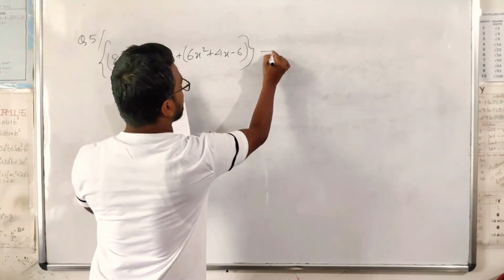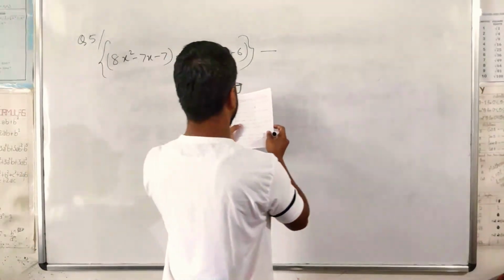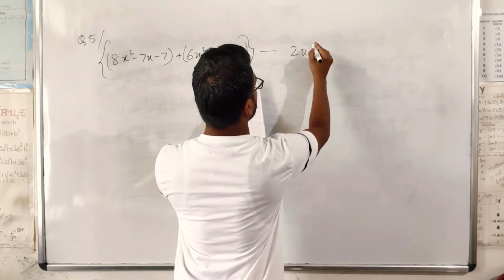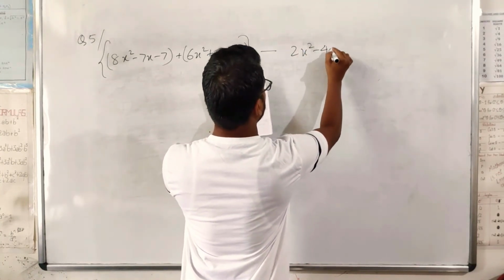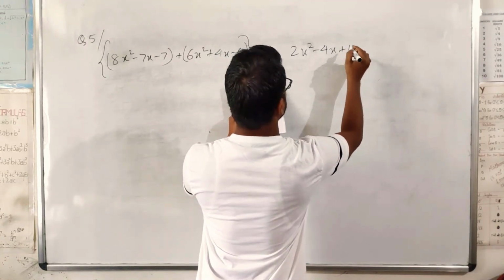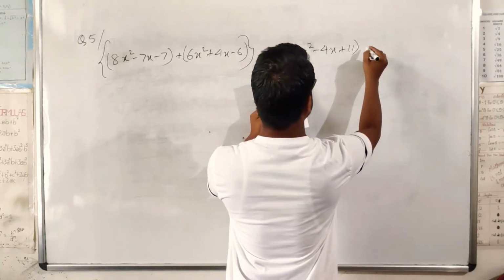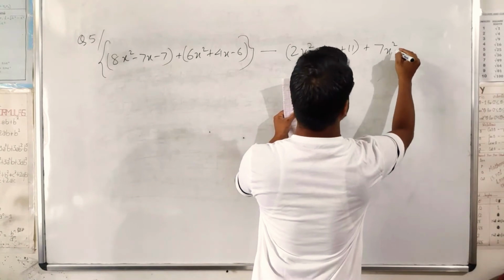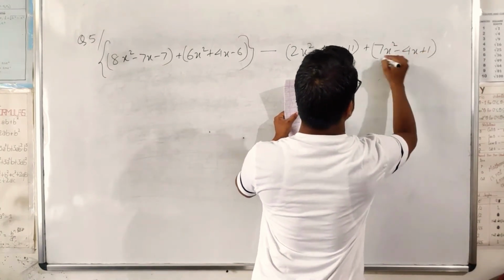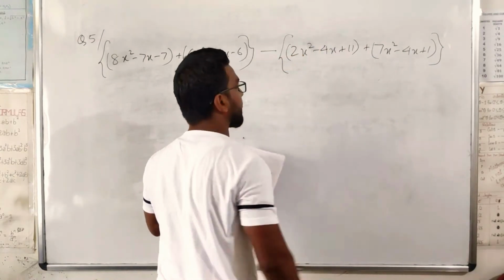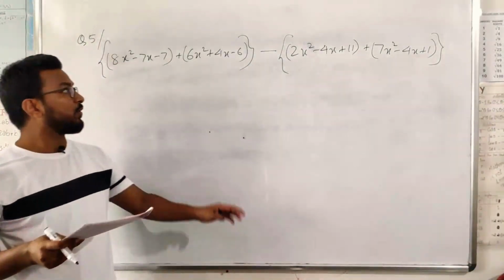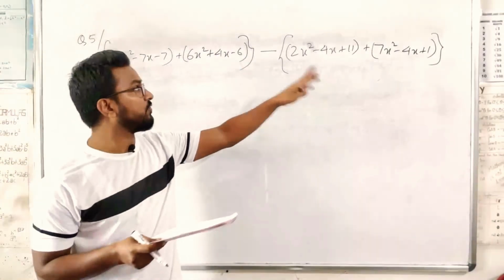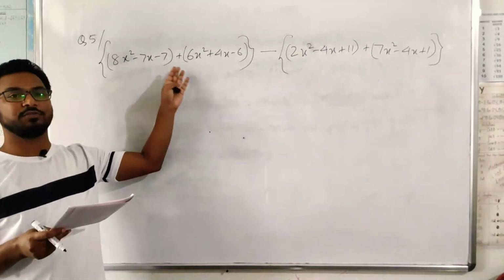You have to minus, 2x square minus 4x plus 11 plus 7x square minus 4x plus 1. So what we did, we wrote the last two expressions first, because you have to subtract the first two expressions from the last two. So we'll write down the last two first.